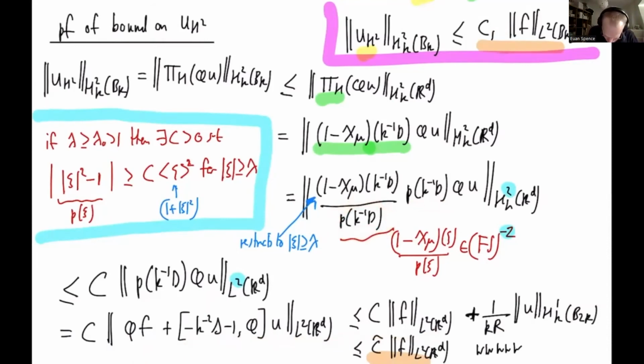The heart of it was the fact that this Fourier multiplier, 1 minus chi mu over p, was well defined, because the symbol of the Helmholtz operator was, I'm going to say the word, elliptic on high frequencies. Okay.